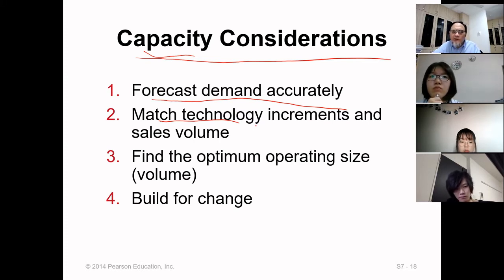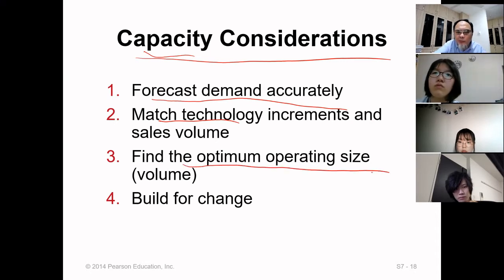But if you increase capacity and demand goes down, you're going to face a problem. You increase capacity, but there is no demand, so you're going to lose sales. It is a very difficult balance. So you need to find the optimum operating size.